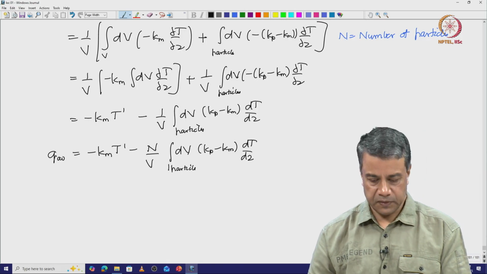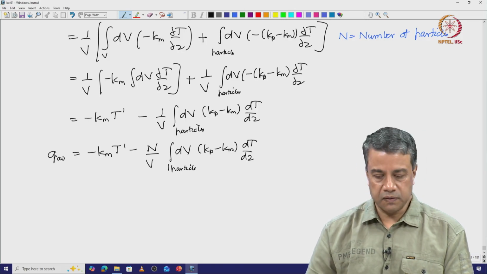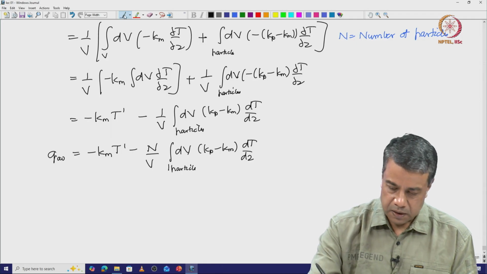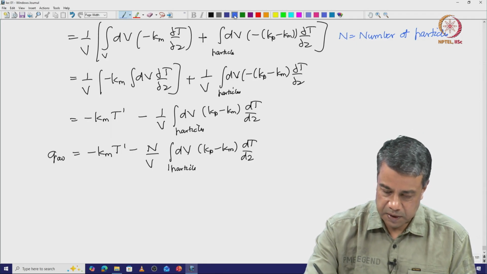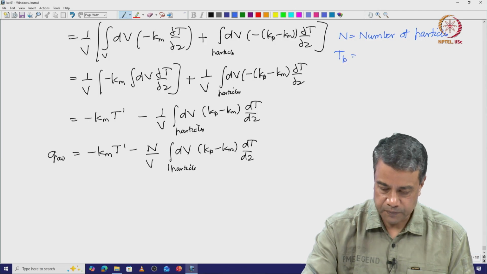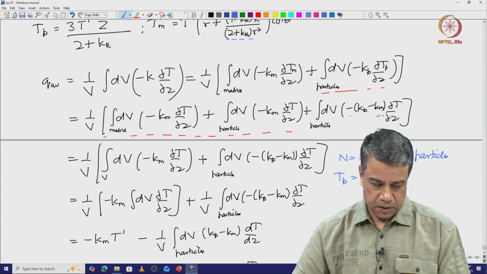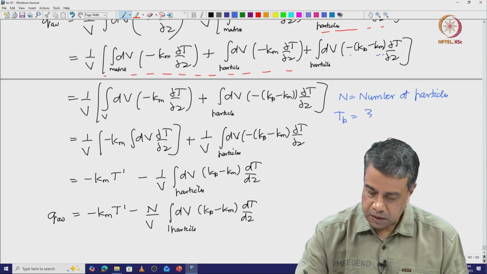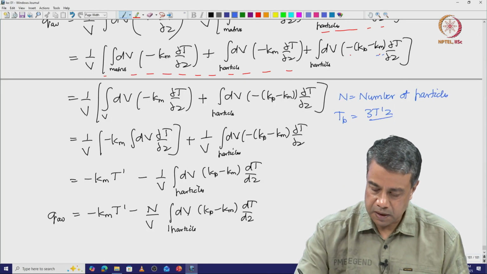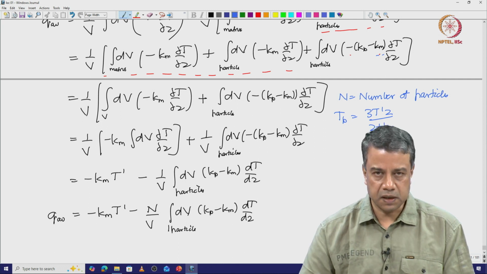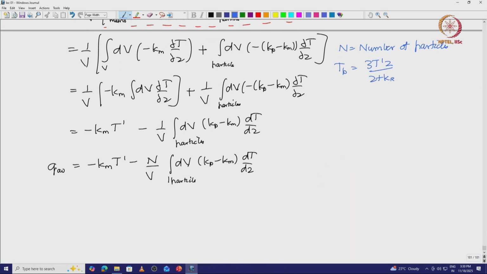And for this integral over one particle, we can find that out from the particle temperature field. Recall that the temperature field around the particle was equal to 3 T prime Z by 2 plus Kr.